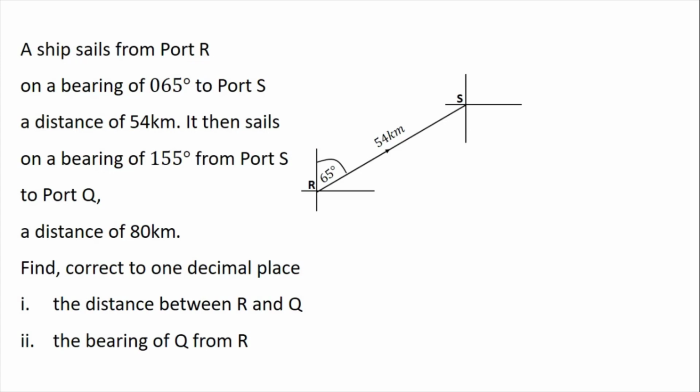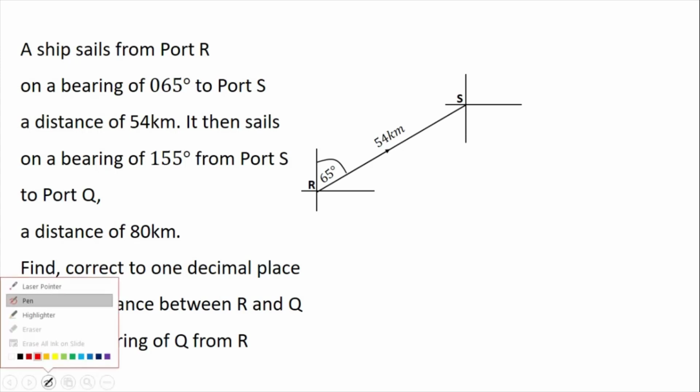So the ship started sailing from Port R on a bearing of 65 degrees to Port S, and the distance between Port R and Port S is 54 kilometers. So we are done with the first part. Let's go on to the second part.